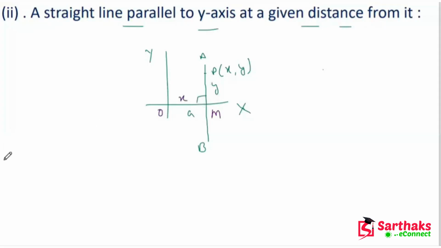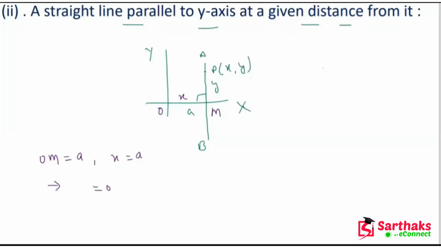Using the condition OM is equal to A, we get x is equal to A. Now the equation of the y-axis is x is equal to 0, since A is equal to 0 in this case.